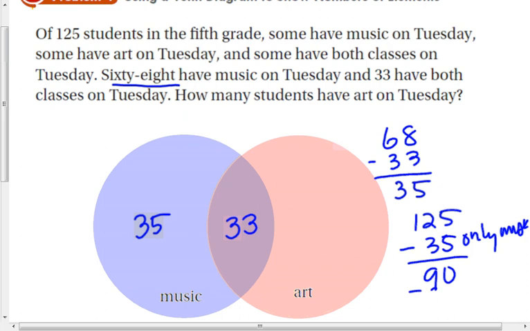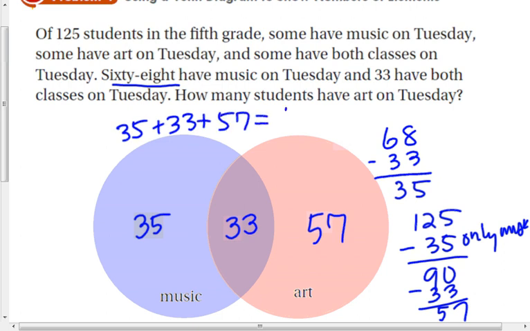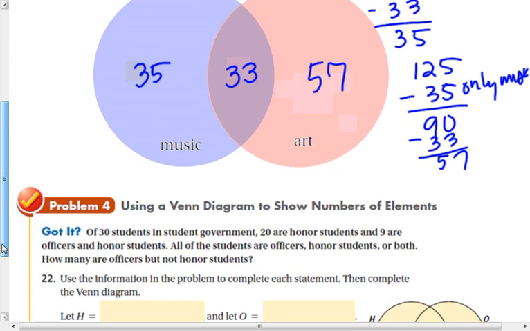Then I'm going to subtract the 33 that have both art and music, and that gives me 57 who have only art. And then just as a check, I would want to add all 3 of these parts up, because that should represent the total 125 students. All right, I'm going to let you try that.